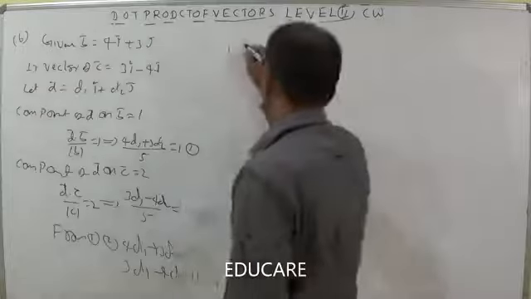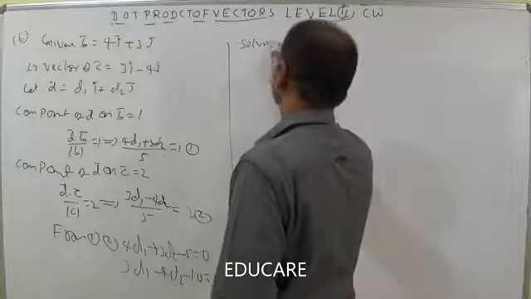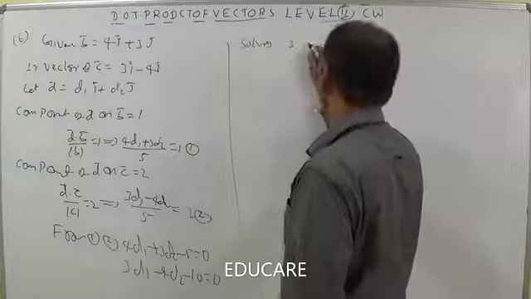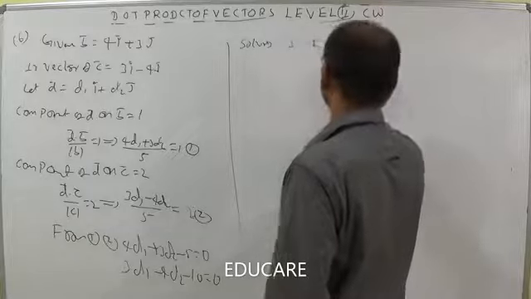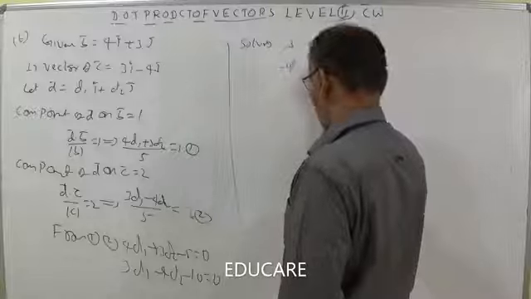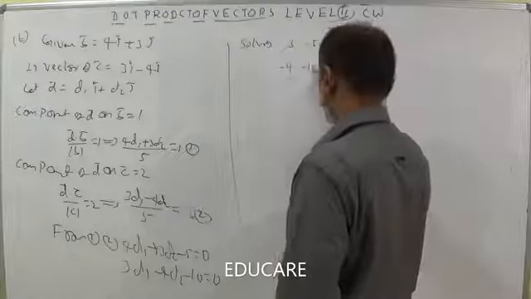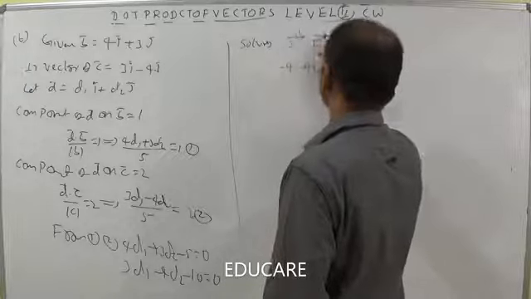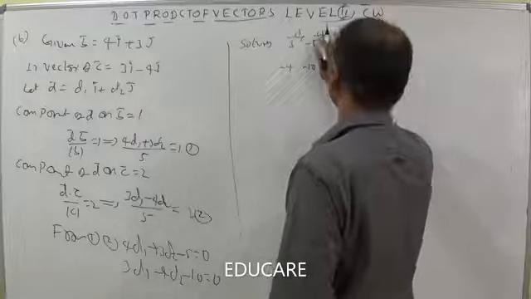By solving the two equations, we know the method: 3, minus 5, 4, 3; next minus 4, minus 10, and 3, minus 4. This is for D1, this is for D2, this is for 1.